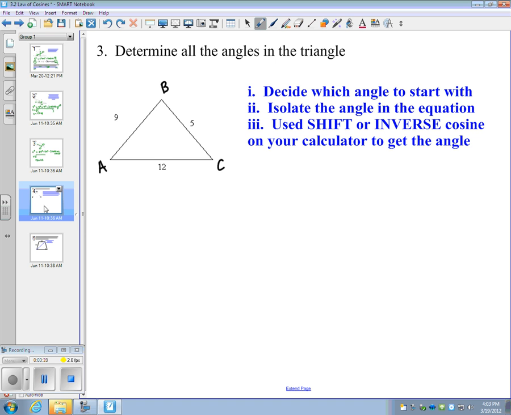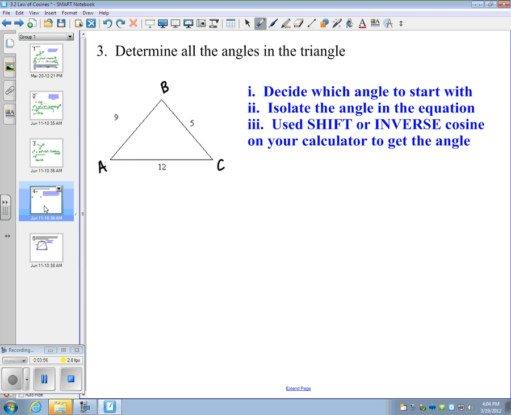Here we're going to determine all the angles. Remember, if we have all three sides, we can use this cosine law to find the angles. First of all, we decide which angle to start with. We isolate that angle and use inverse to get the angle.